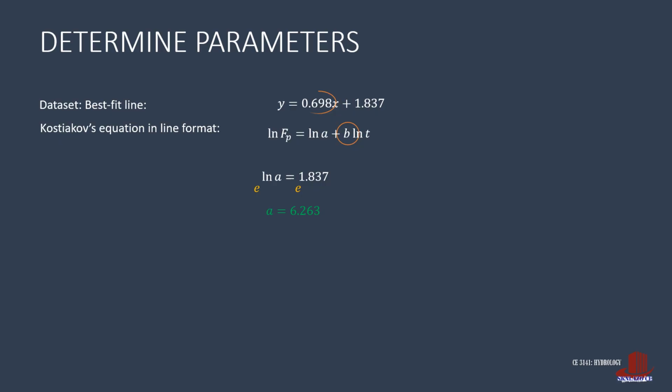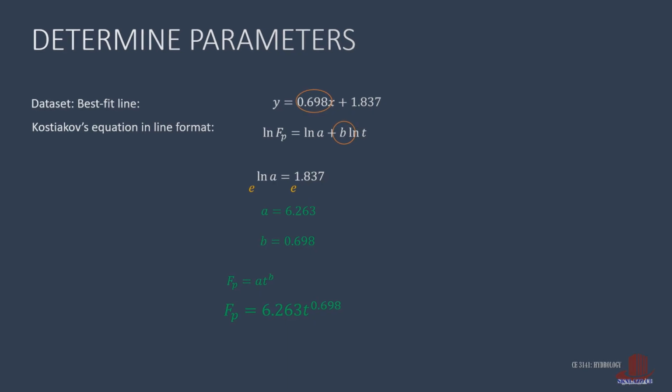B is also taken as 0.698. So Kostiakov's general equation of a t raised to b is then 6.263 t raised to 0.698.